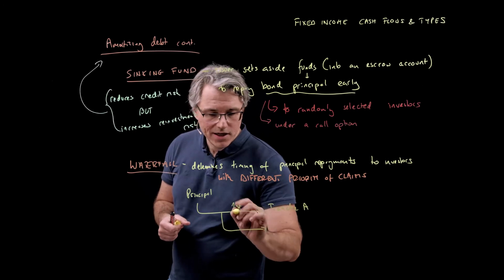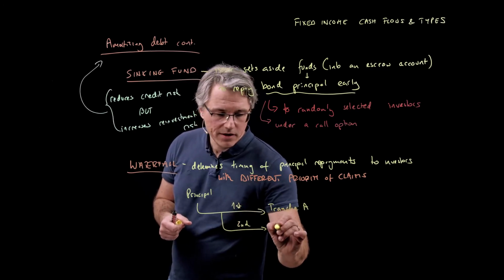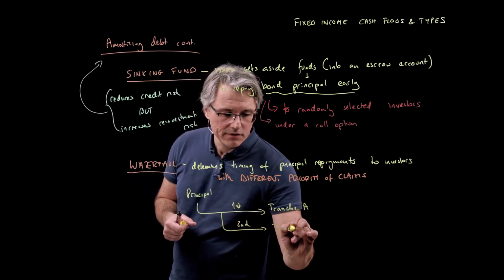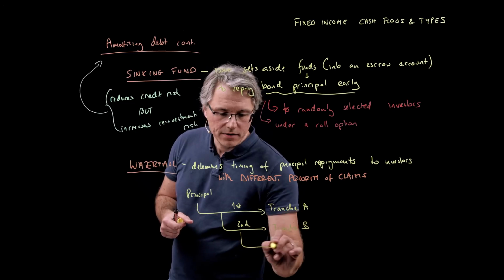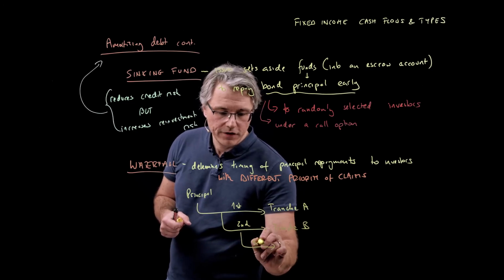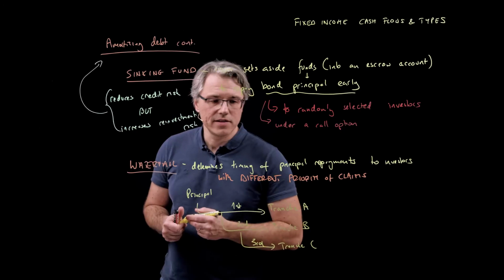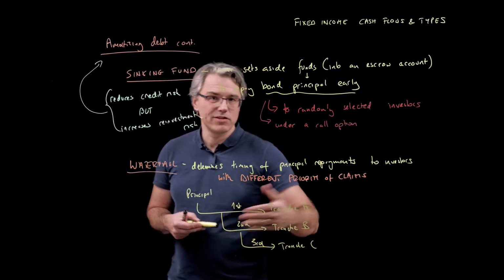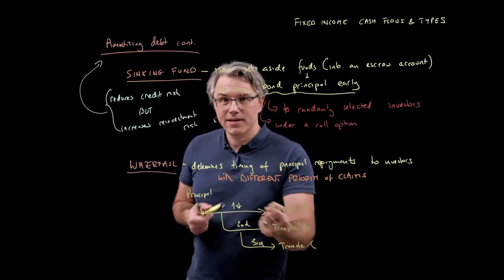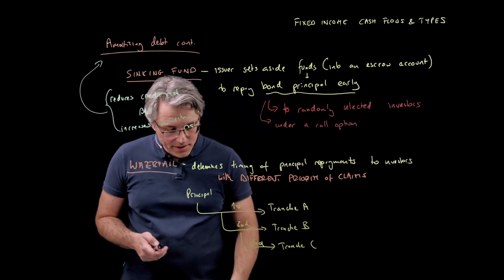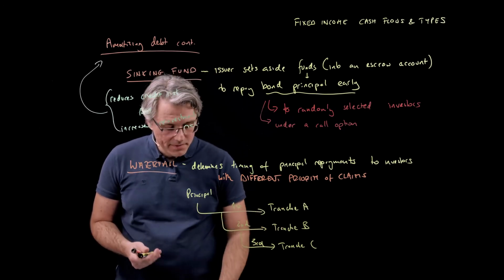And only once they've been repaid, the money goes to tranche B investors. And then, in the third order, to tranche C investors. So signing up for a specific tranche gives you access to earlier or later receipt of principal repayments.